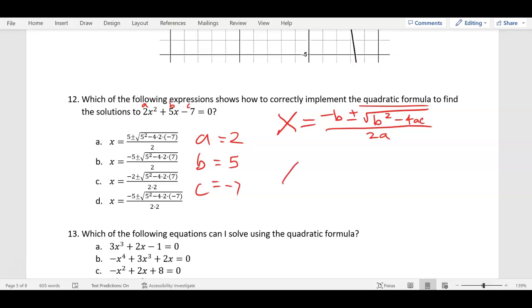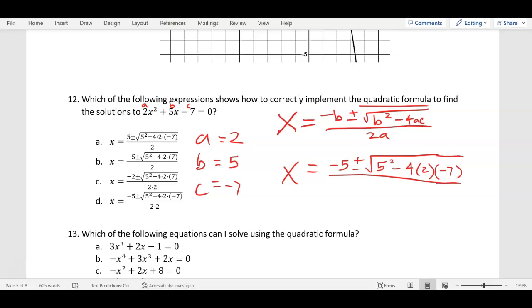Okay, so x equals -b is the opposite of our b value. If b value is a +5, we're going to put -5 plus or minus the square root. Okay, b squared, so b is 5, so 5 squared, minus 4, a and c, 2 and -7. I like to put those in parentheses.